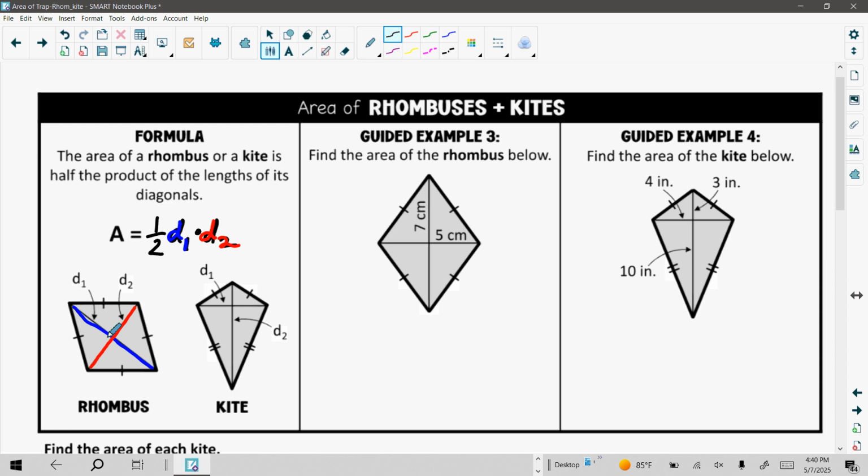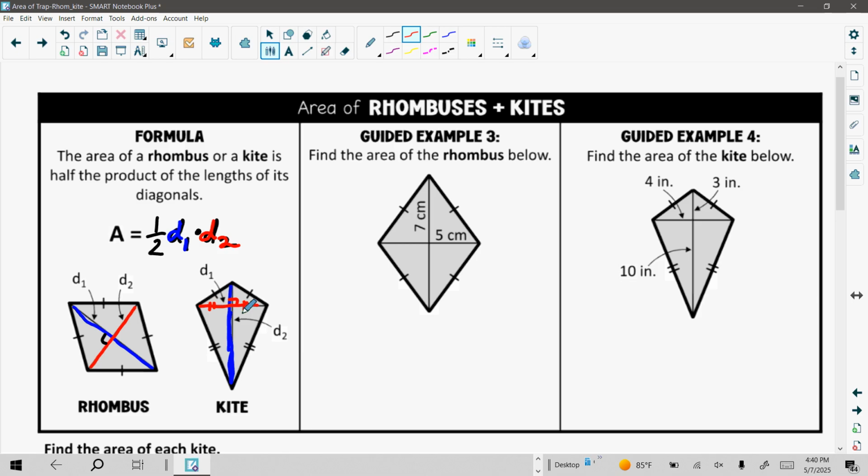Remember, the diagonals are always going to be perpendicular if it's a rhombus or a kite. Here, diagonal 1 is our long diagonal. And then here is our short diagonal. And then they're bisected. And this is going to get cut in half as well. And in the kite, your short diagonal is the only one that gets bisected.